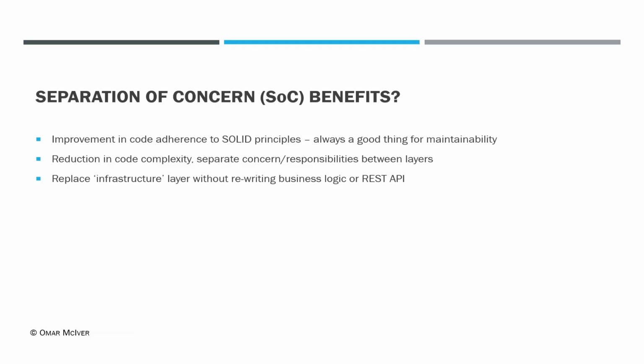Well, because of this separation of concern within the microservice, we can rewrite our repository implementation, and we don't have to have so much concern about breaking the whole application. Of course, you will still test it and make sure everything's still good. It's not really that seamless and perfect, but it definitely reduces the challenge and the size of that scope of work to replace a whole infrastructure technology.